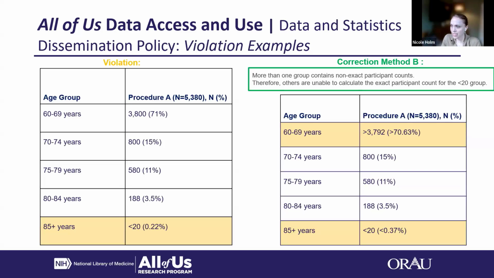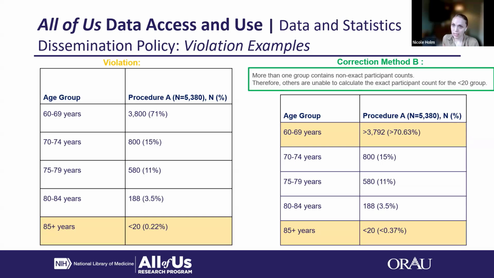In this case, this was accomplished by determining the difference between 12 and 20, which is the threshold, and subtracting that from the total number of participants in the 60 to 69 age group. Now you can accurately say that that age group represents a count of participants that is greater than the amount you're showing.